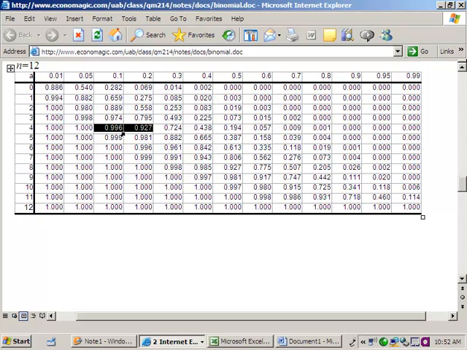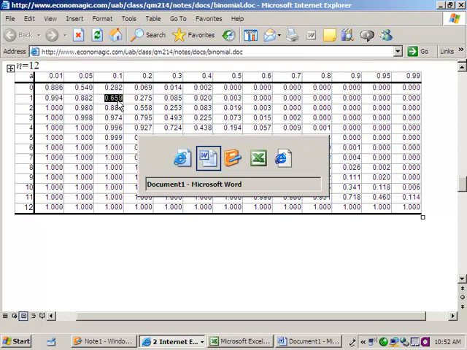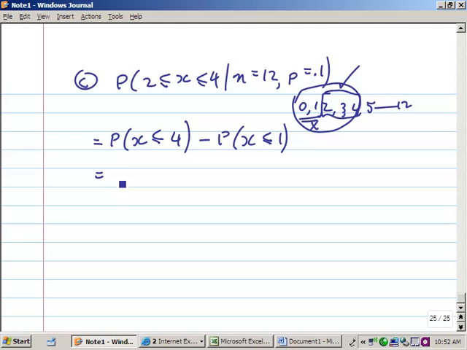And from 0.996 we're going to subtract out 0 and 1, which is 0.659. That was 0.996 minus less or equal to 1, which was 0.659. And the answer to that is 0.337.